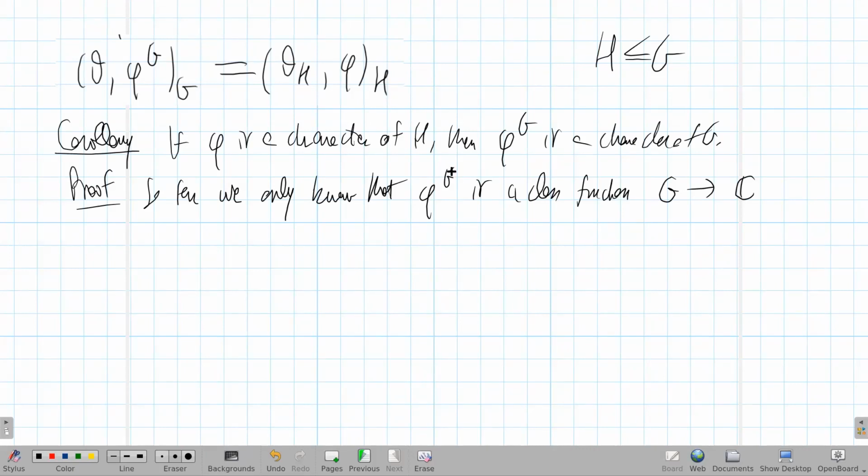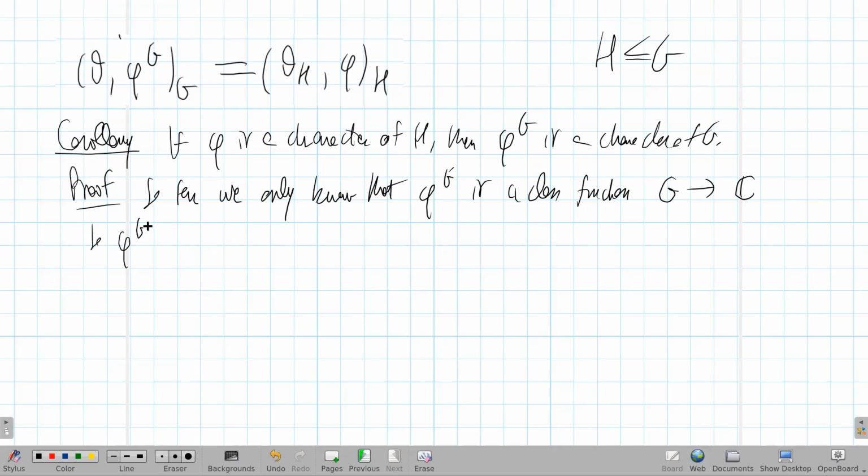Well, we have proved at the beginning of the course, after the orthogonality relations, that irreducible characters are a basis of the space of class functions.